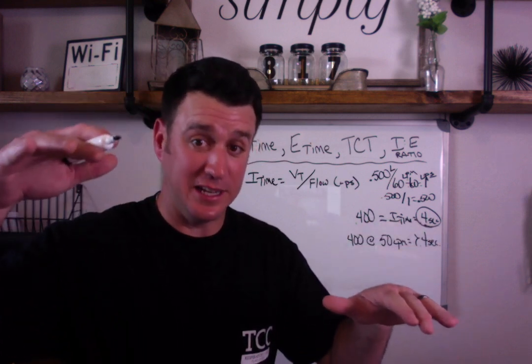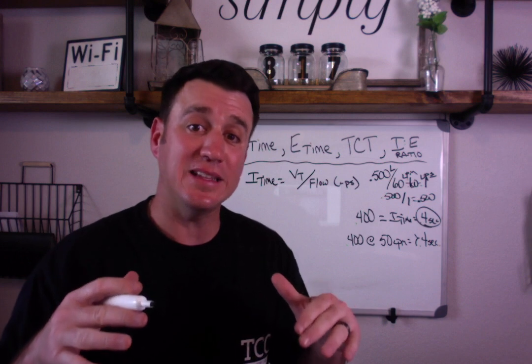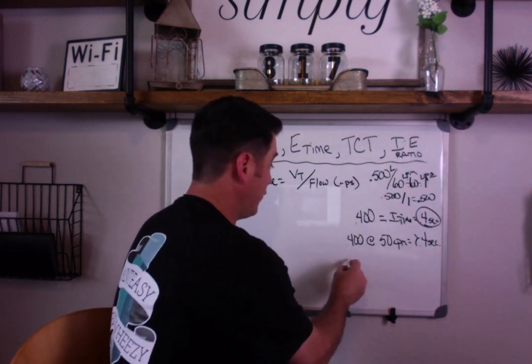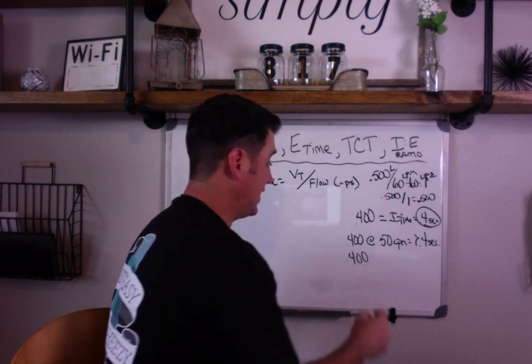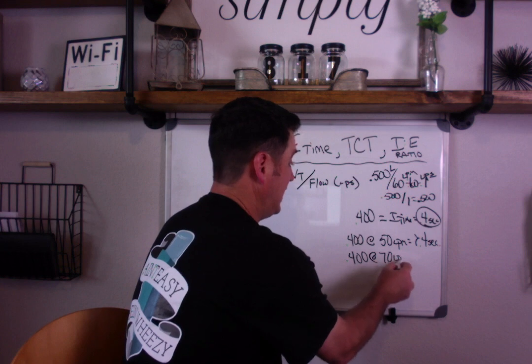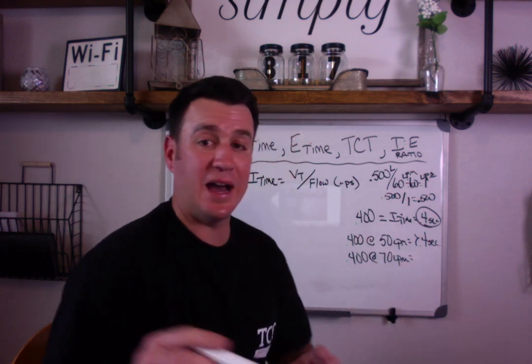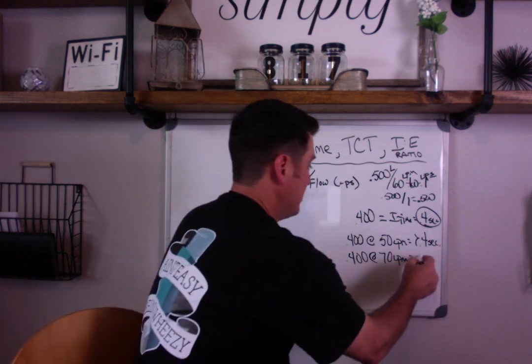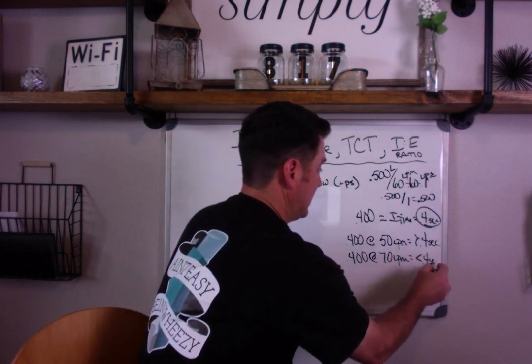If I'm on 50 liters per minute, then I'm giving the breath slower than if I was on 60 liters per minute. Therefore, my I time is going to be slightly longer. Okay? If I'm giving 400 milliliters, which is 0.4 liters, at 70 liters per minute, then my I time is going to be slightly less than 0.4 seconds.